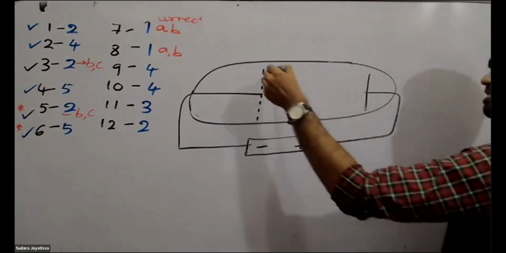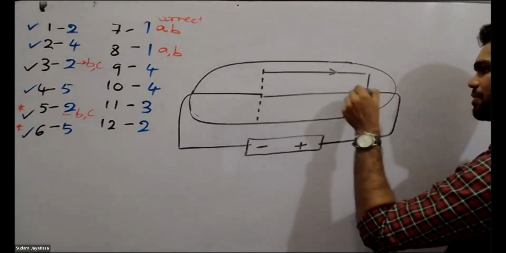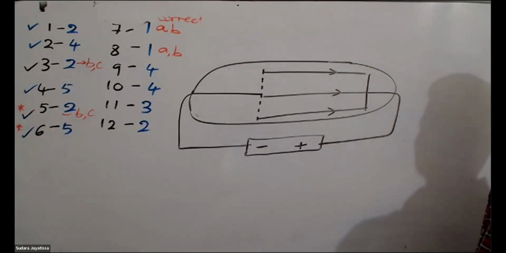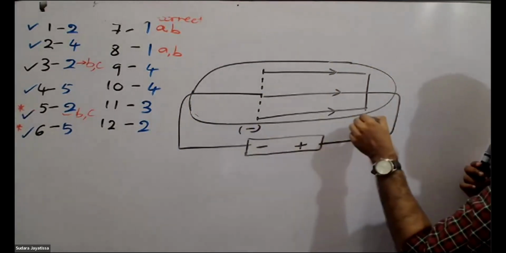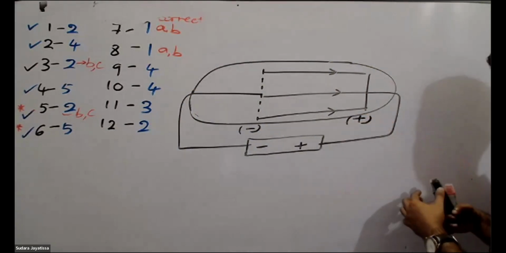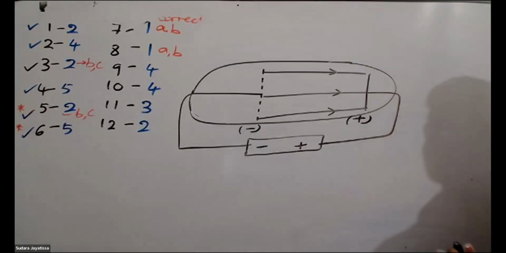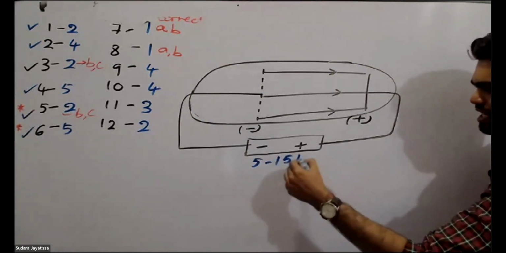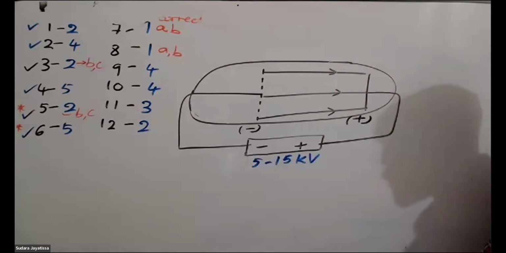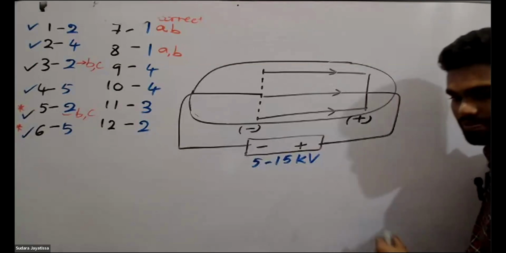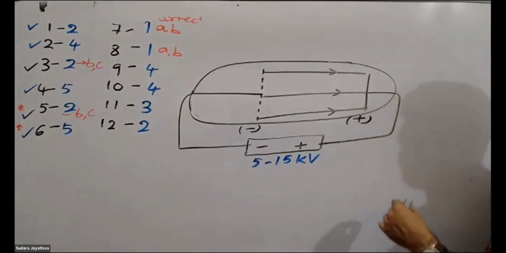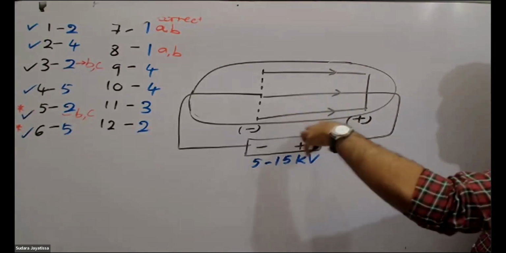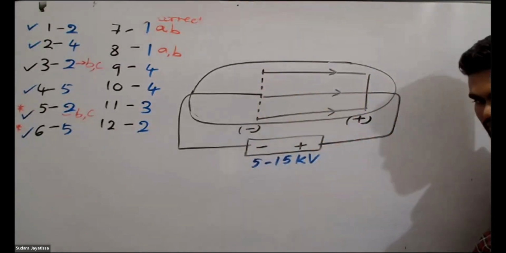The usual cathode rays go from cathode to anode without any problem. But this is the story behind the anode ray formation. Due to the high voltage you apply, around 5 to 15 kilovolts, which is very high, there are some already existing positive particles that are accelerated.